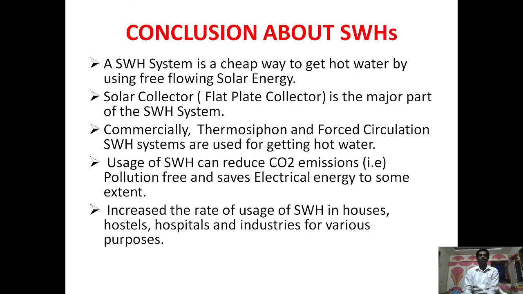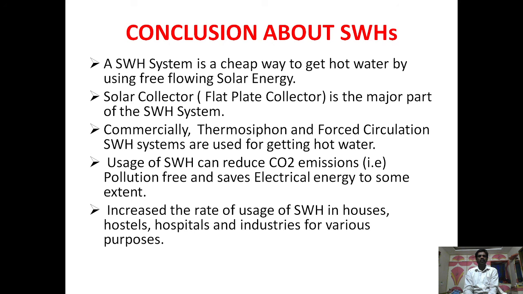Now the conclusion of this PowerPoint presentation on solar water heater systems. So far we learned that a solar water heating system is a cheap way to get hot water by using freely flowing solar energy. In this system, the major part is the flat plate collector, that is the solar collector.